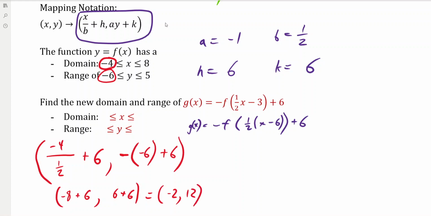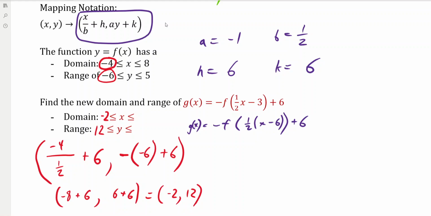Is that right? Yes. So the new domain will have a minimum of -2, and the range will have a minimum of 12. We might actually have to check about that because, again, there's a reflection happening. So just be aware, if there's a reflection, something might flip. But for now, let's put it in there, and we'll see what happens.